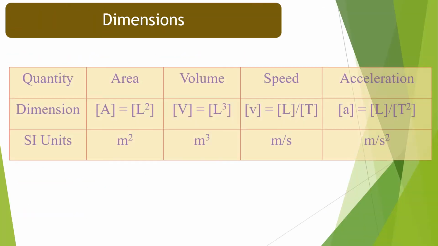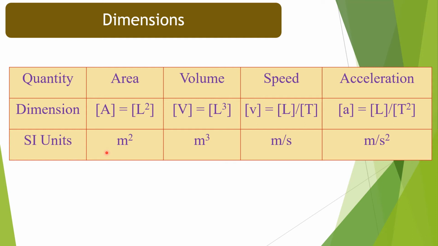We have some physical quantities such as area, volume, speed, and acceleration, having units meter square, meter cube, meter per second, and meter per second square respectively in SI units. But they can have other units as well. And we know that for writing dimensions, it doesn't matter which system of units is given, because to solve this confusion of units, we use dimensions.